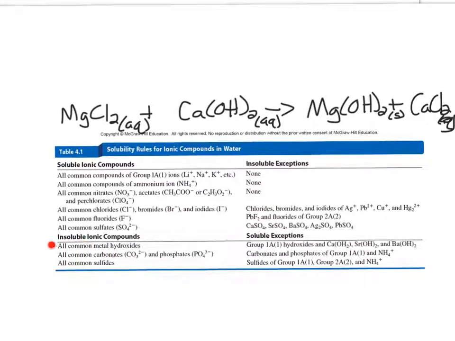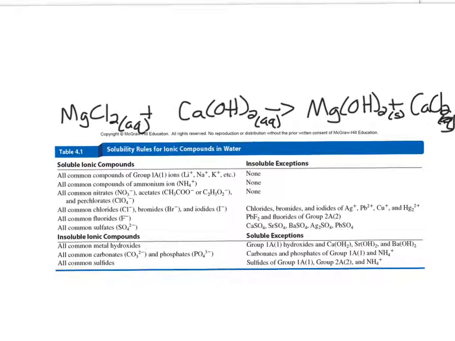That means they will all be solids except for group 1A metals and calcium, strontium, and barium. Here I have calcium, so this is soluble. This would be aq. Here, I do not have one of the exceptions. Magnesium is not a group 1A. It is not calcium. It is not strontium. It is not barium. Therefore, this one is going to be insoluble, which means it's going to be a solid.